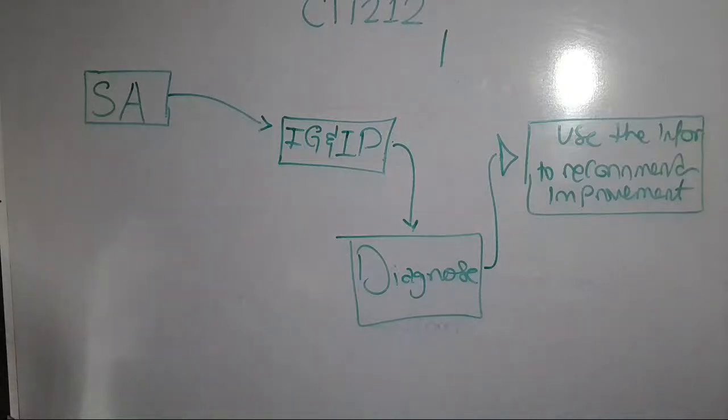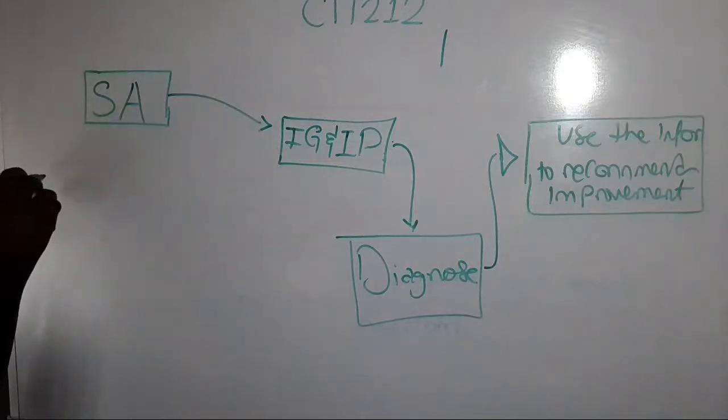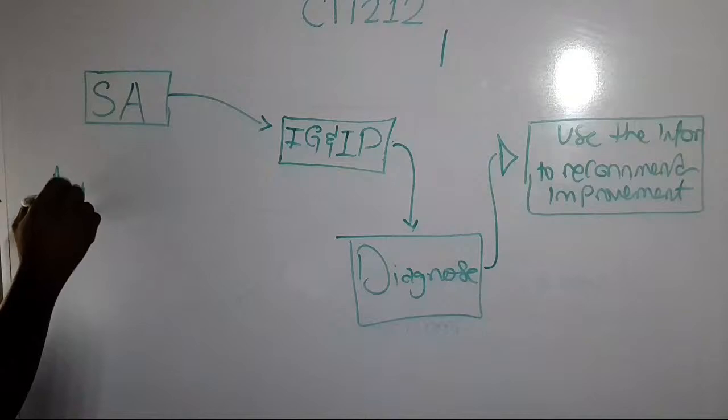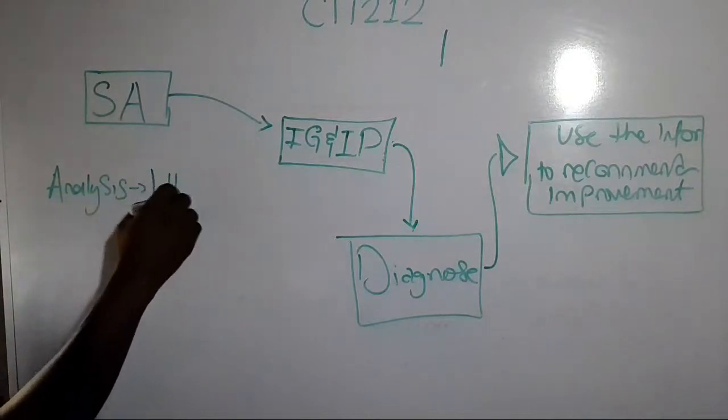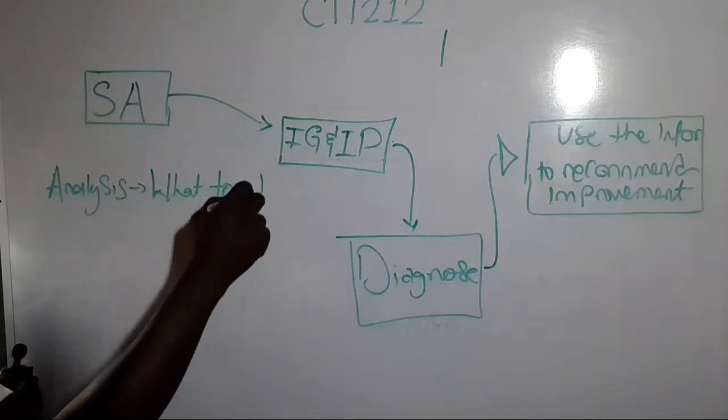So in brief, we can say that analysis specifies what the system should do. Design states how to accomplish the objective. Are we together? So now, analysis: what to do.